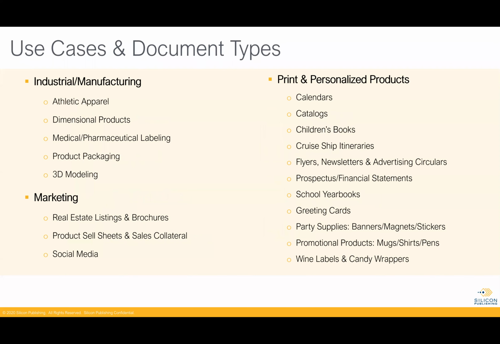We've built yearbook apps, photo book apps, and 3D modeling is bigger and bigger these days. Real estate is a classic example of the marketing use cases. There's no end to it. So it's really a very broad horizontal solution. We're not focused on one vertical per se, and it's built in a way that's modular.